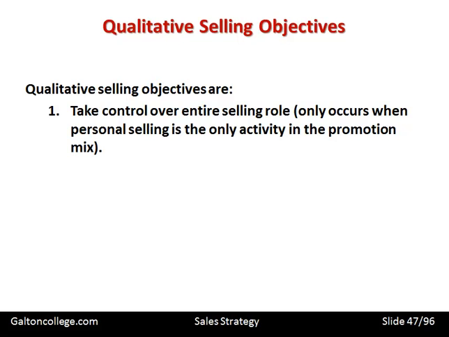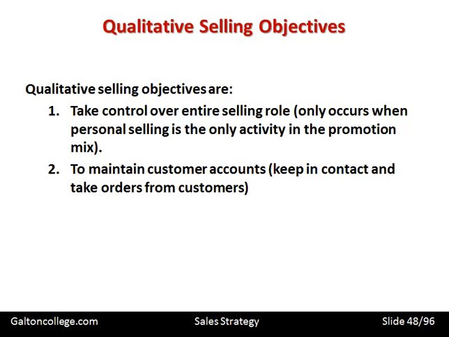And it could be trying to do that statistically. It could be trying to do it with numbers. But it's also trying to maintain customer accounts, keep in contact with customers and pick up hard information about the customers. So it's trying to deal with the customers directly.